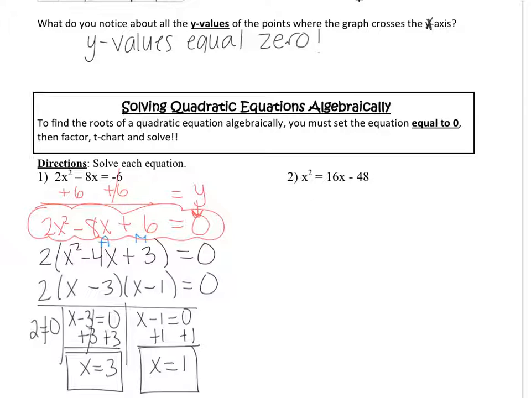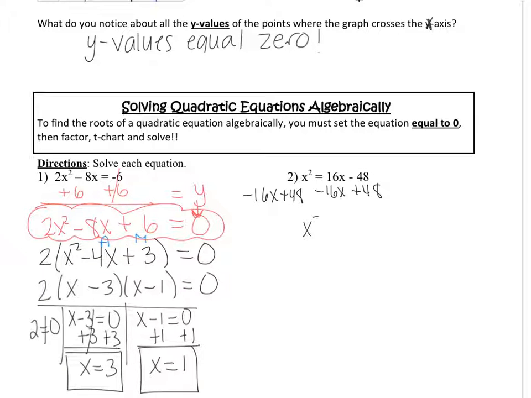Okay, why don't you try example number 2 all by yourselves. So set the equation equal to 0, factor, t-chart, and solve. And then hit resume when you're finished. Okay, so you wanted to subtract 16x and add 48 to this side over here.